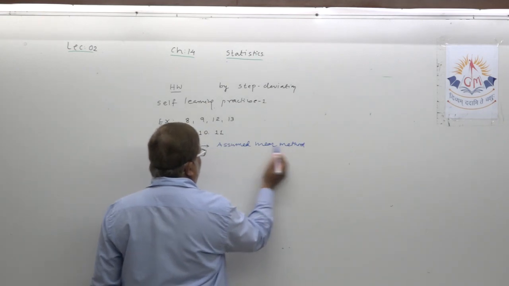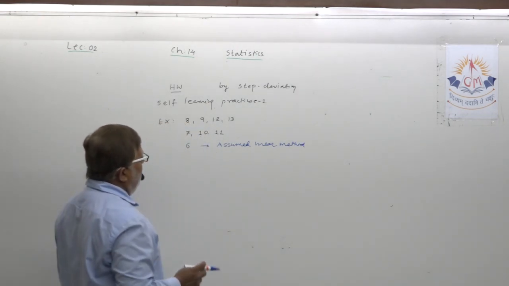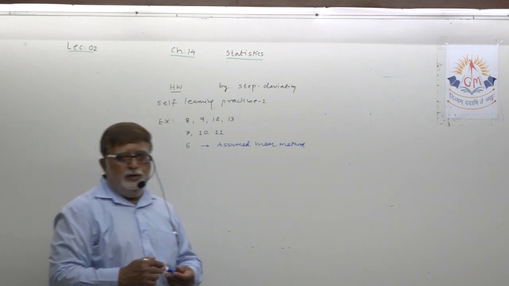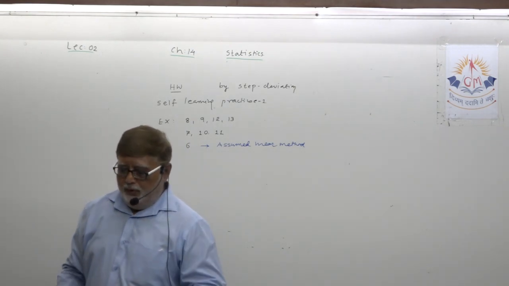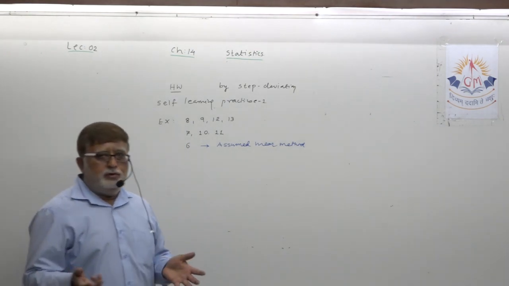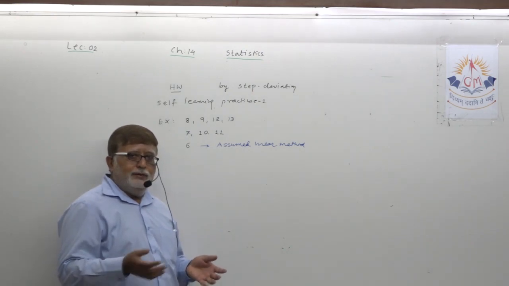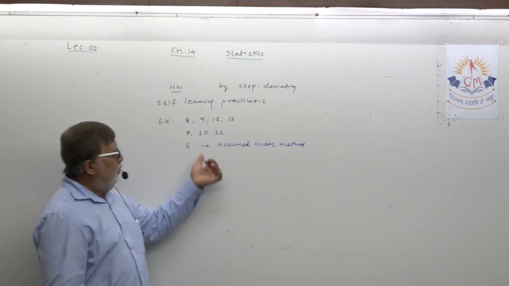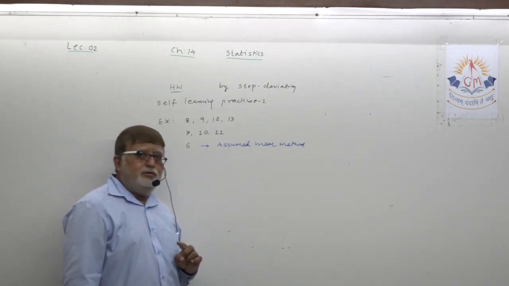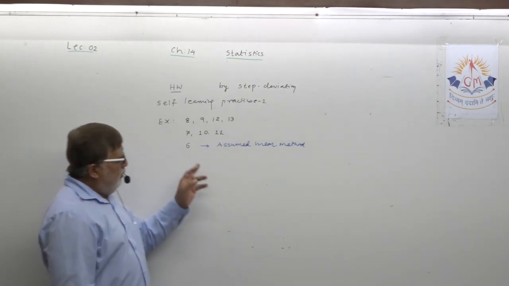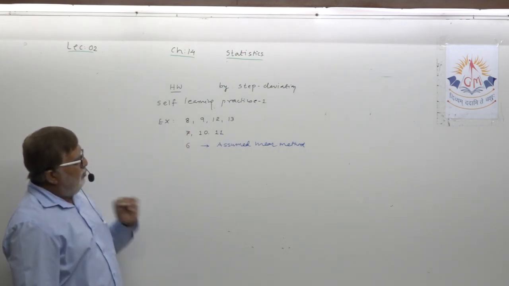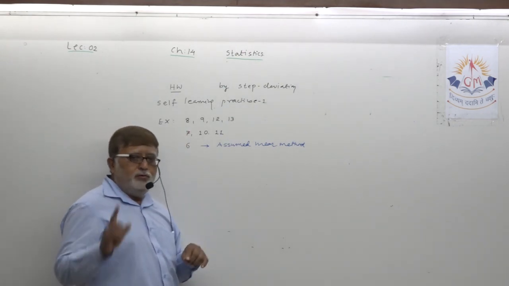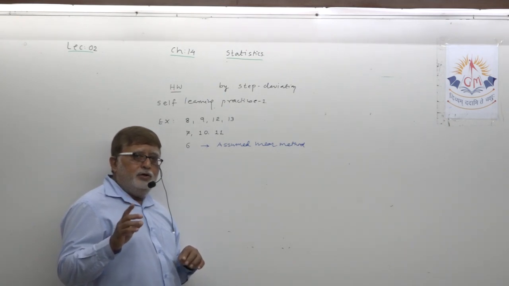Whenever you come across data, dear student, consisting of irregular class length, either you can adopt the shortcut method, that is, sigma fi xi upon n, which will be more convenient, or you can take the assumed mean method. So in today's homework, example number 6 is first to be done by the assumed mean method. Why?